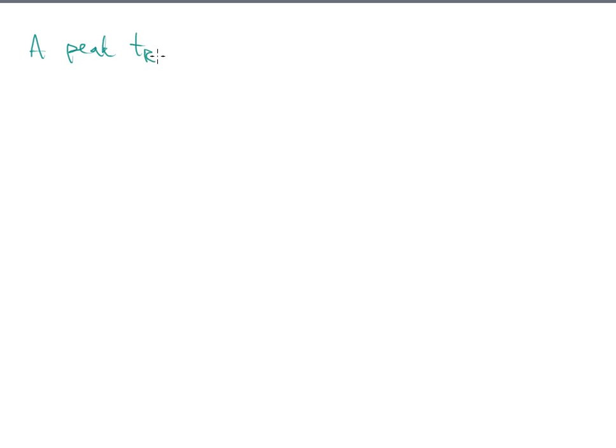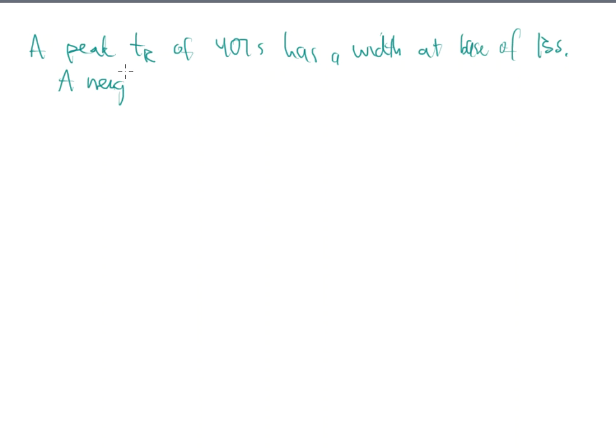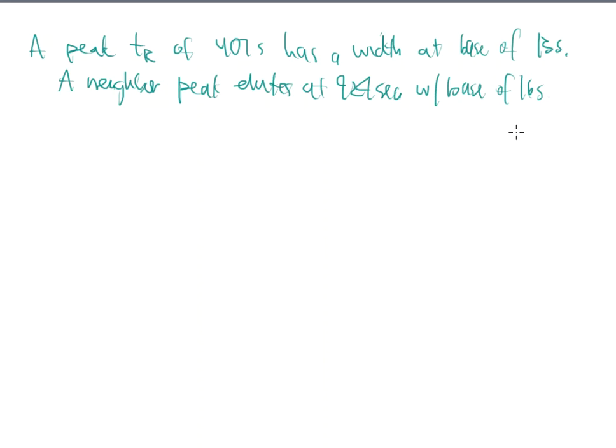All right, so let's do an example problem here, and we'll quickly do a peak with a retention time of 407 seconds, has a width at the base of 13 seconds, a neighbor peak elutes at 424 seconds with a base width of 16 seconds.